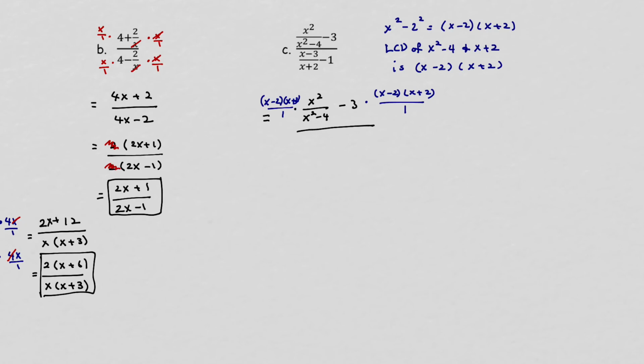Now you have the denominator, x minus 3 over x plus 2, minus 1. You're going to multiply the least common denominator on both.